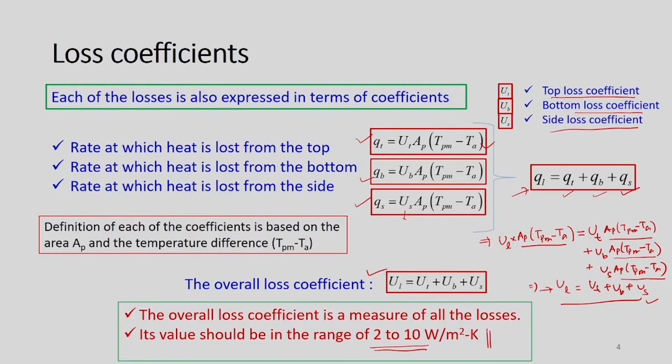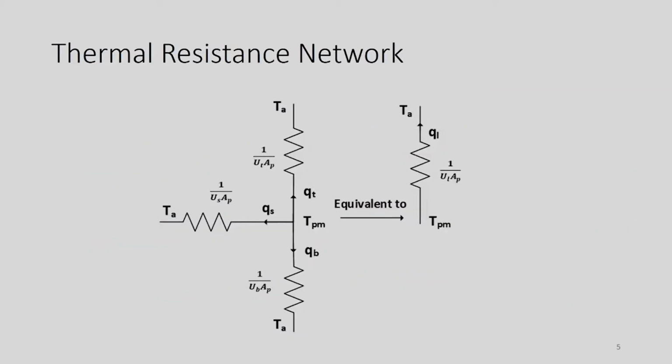So, let us have a look at UT, or top loss coefficient. How do we calculate this top loss coefficient? Before we start, let us understand this thermal resistance network. If we consider this is the absorber plate at temperature TPM, and this is at ambient, in all the cases it is ambient.